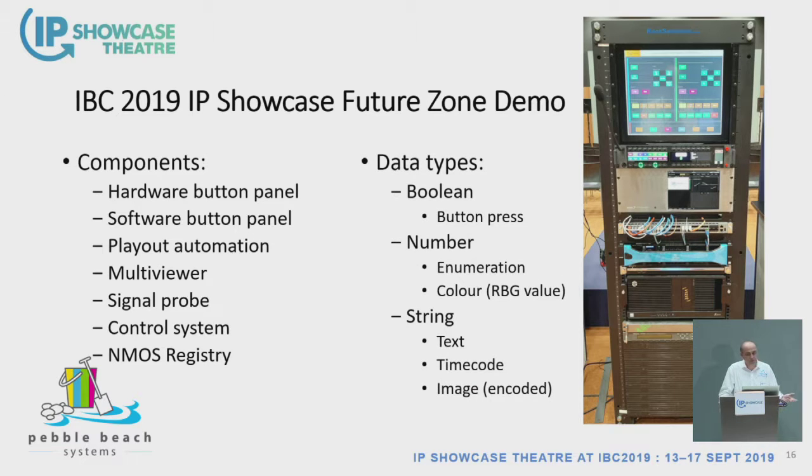And the data types that are used there are Boolean for button presses, numbers for various enumerations or colors, and also strings for various text fields, time codes. Even an image is encoded as a string over there. And after this presentation, I would invite you to join me over there, and I can give you a demo of the functionality and show some of those things in how they work in practice.